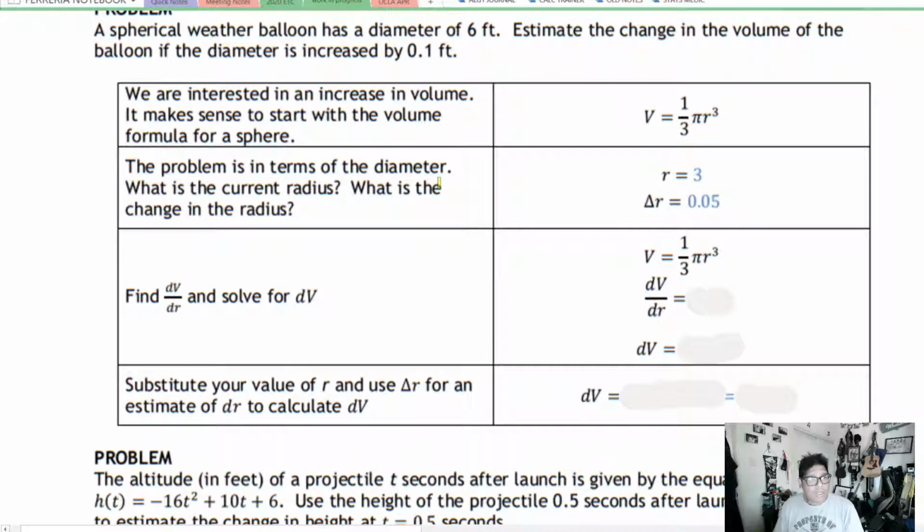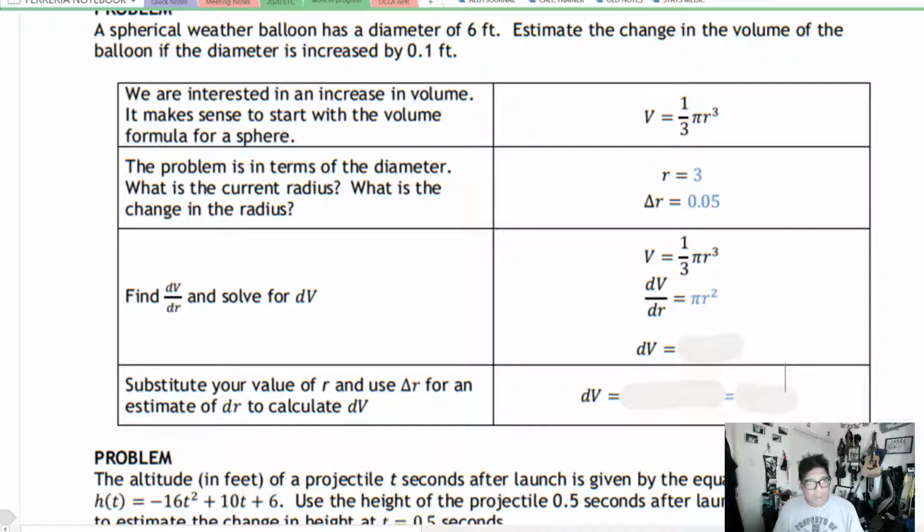Now, we're going to find the derivative dv dr, and then we're just going to solve for dv. So if we have v equals 4/3 pi r cubed, then dv dr is going to be equal to 4 pi r squared. 3 times 1/3 is 1, and then decrease the power on r to the second power.